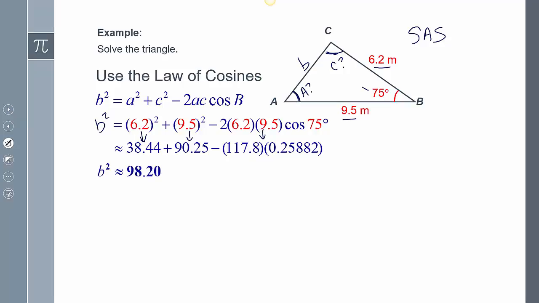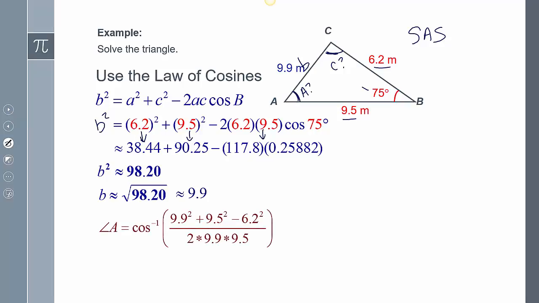The only thing to remember is that B squared is approximately 98.2, not B is approximately 98.2. On our last step, we do have to take the square root, and we get B is approximately 9.9. It's not plus or minus, because we can't have a negative distance for a side. But now that I have my B, I can use my other formulas to find another value.